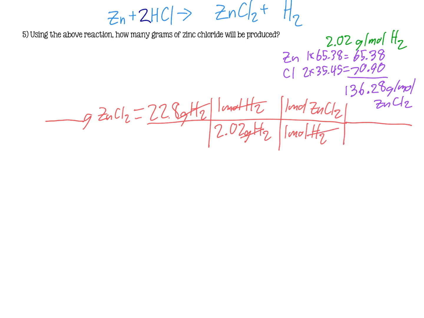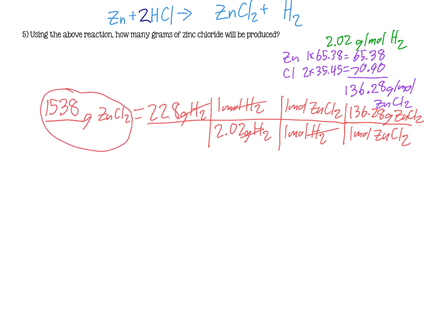Using our balanced chemical equation, we know it's a 1-to-1 ratio. So now that we've got moles of zinc chloride, we need to convert that to grams of zinc chloride using the molar mass. Double check our units, make sure everything cancels, and we can multiply by the top, divide by the bottom to get 1,538 grams of zinc chloride.